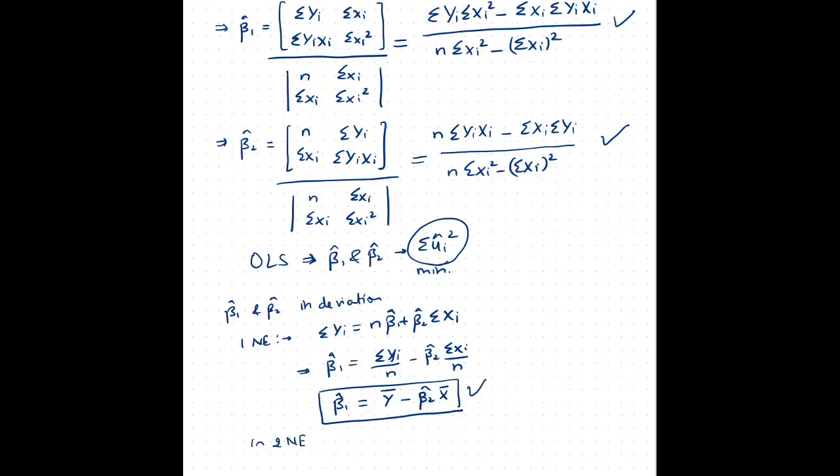From there we have y bar summation xi minus beta 2 hat x bar summation xi plus beta 2 hat summation xi square minus summation yi xi equals 0.